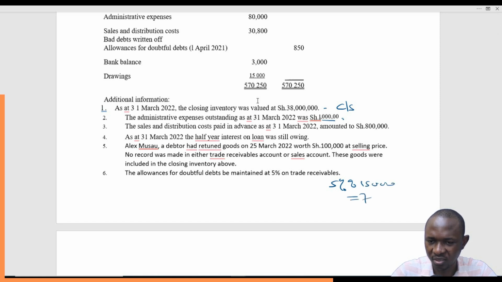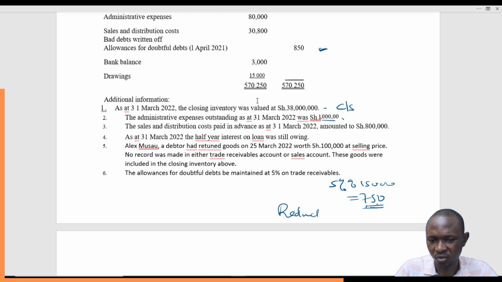This gives us 750. This is the figure that we are going to compare, 750 and 850. Allowance for doubtful debts was 850 at the beginning of the year, but now we are going to maintain it at 5%, which is 750. So there is a reduction by 100.